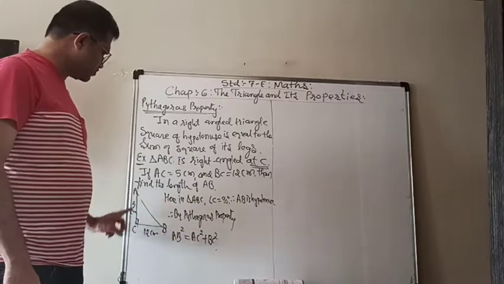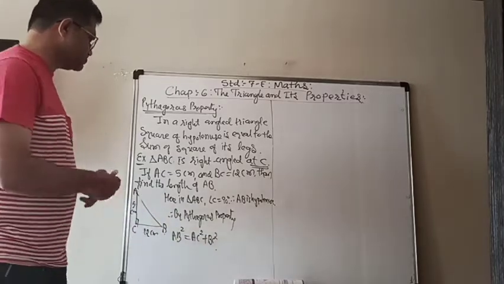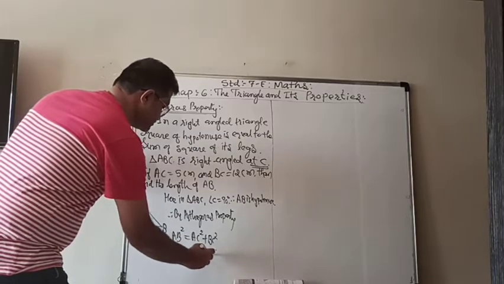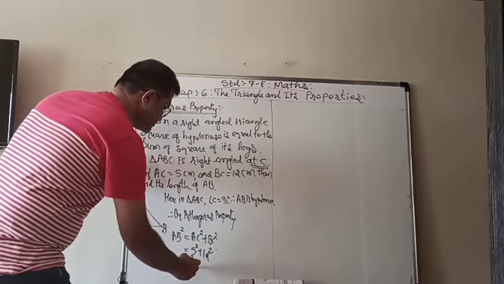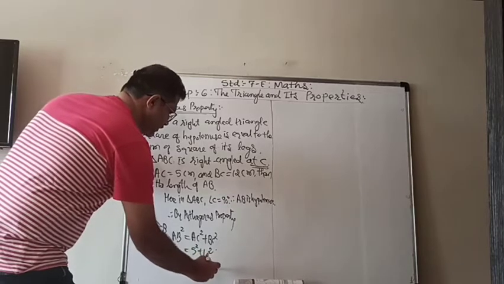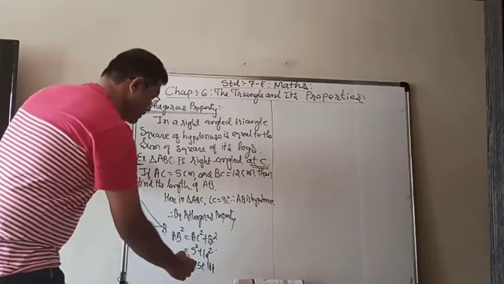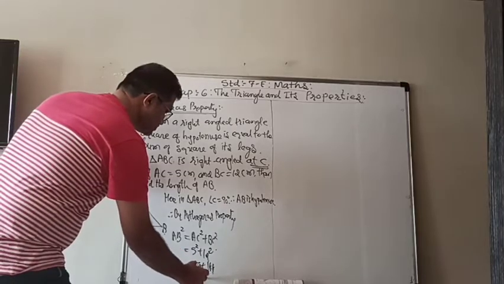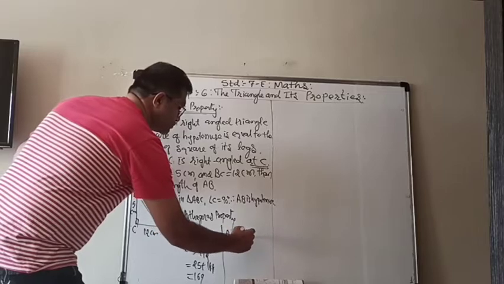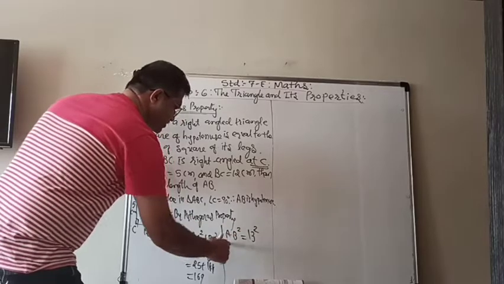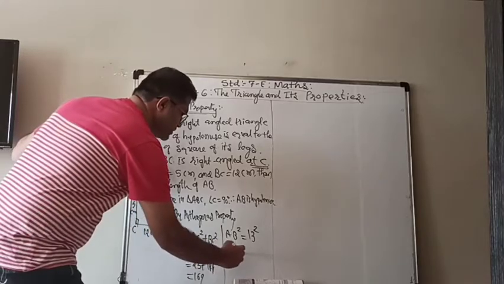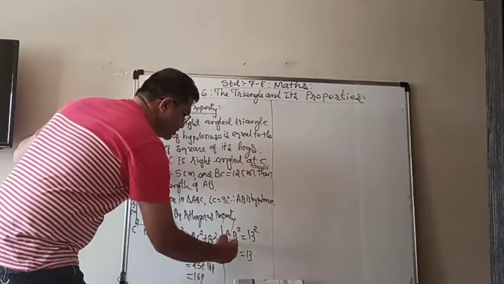So AB square is equal to AC square plus BC square is equal to 5 square plus 12 square. That is 25 plus 144 is equal to 169. But this is AB square. So 169 is 13 square, and therefore AB is equal to 13.